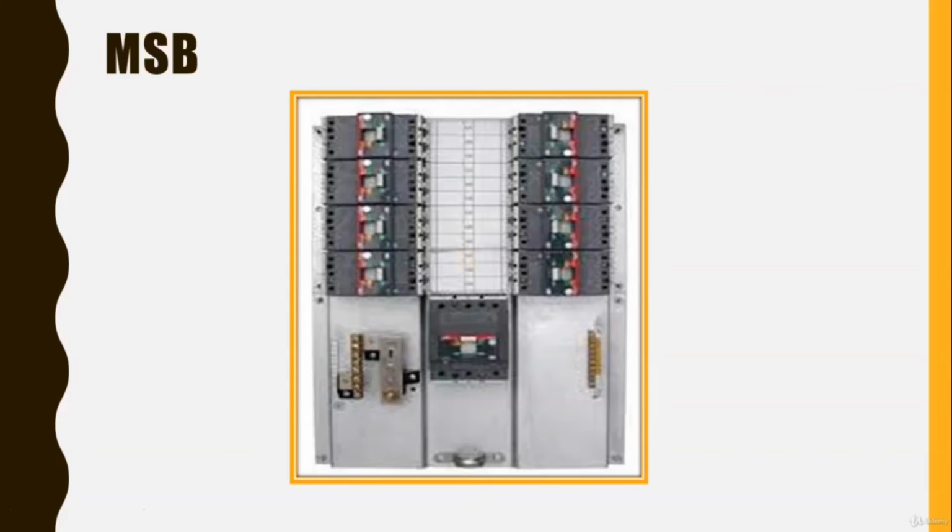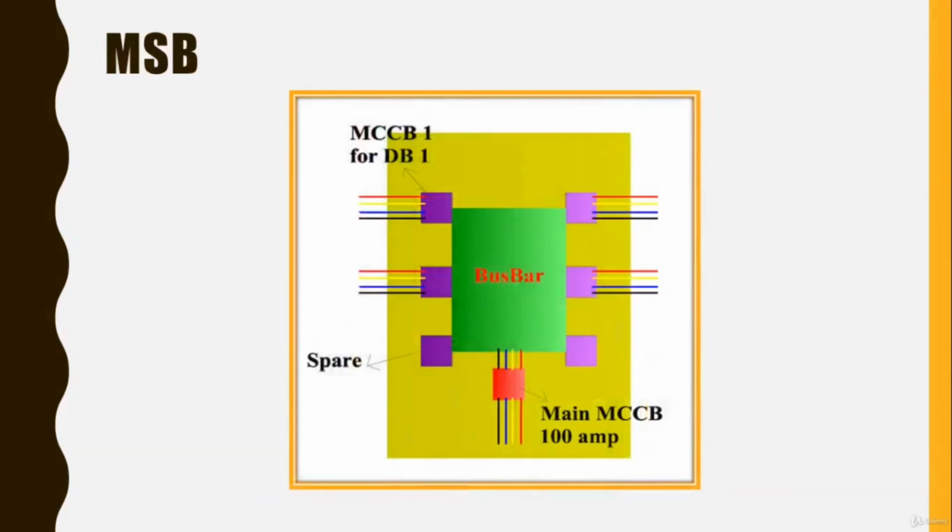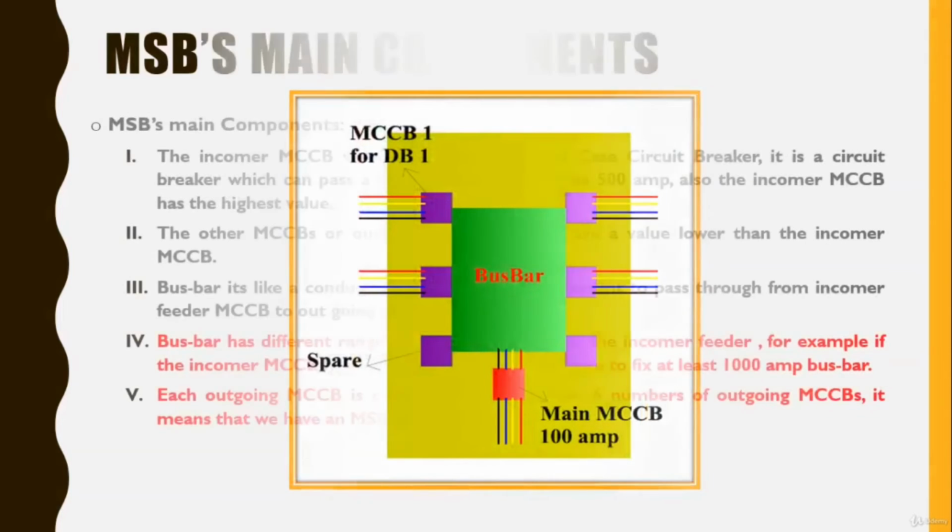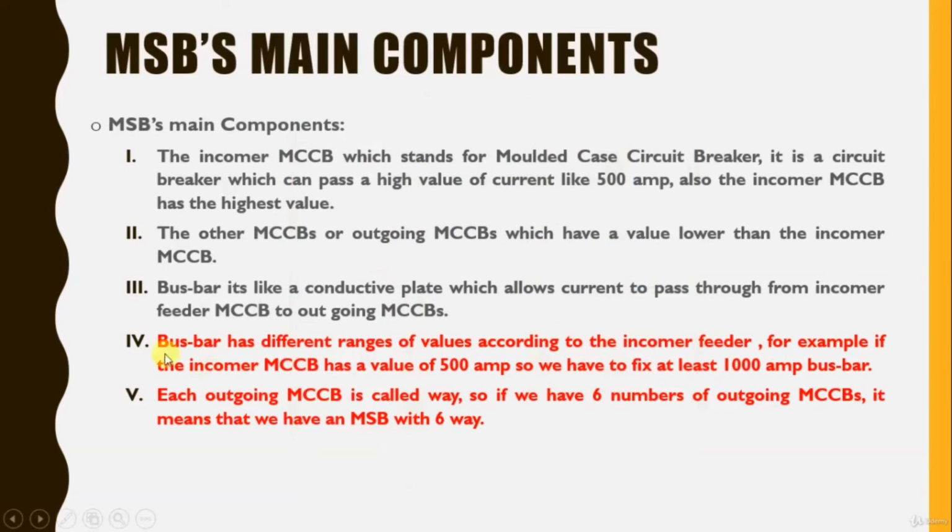I forgot to inform you about one thing. Let's go back a little bit. Pay attention to this note. Each outgoing MCCB is called a way. So if we have 6 outgoing MCCBs, it means we have an MSB with 6 ways.